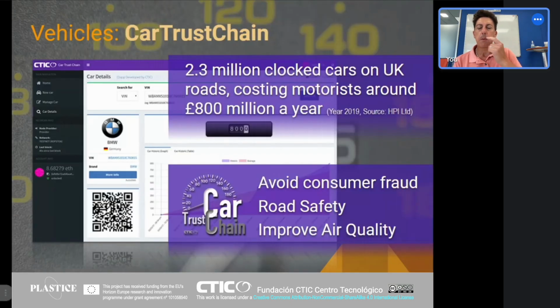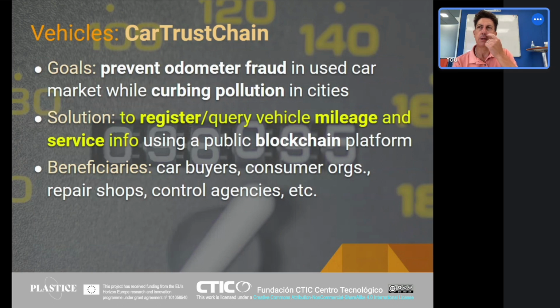For instance, for the vehicle industry, we developed a use case that we call Car Trust Chain, that tries to prevent consumer fraud, and also improve road safety and air quality. When you buy a second-hand car, you cannot rely on the mileage it shows, because it's easily tampered, even though now these cars are governed by digital technologies.